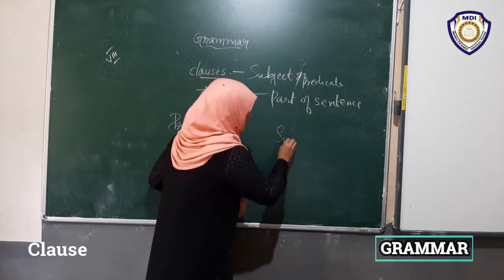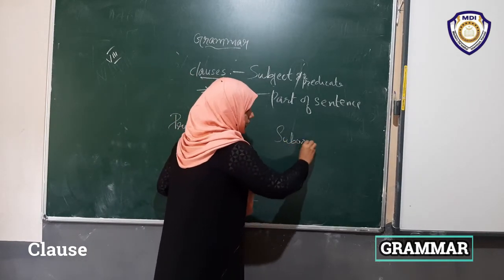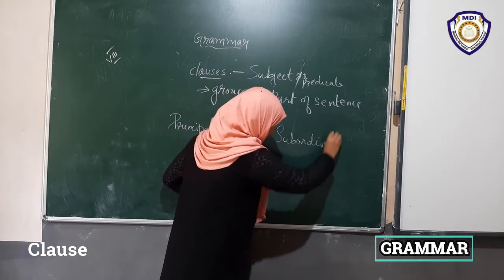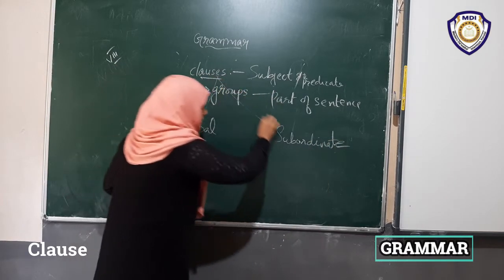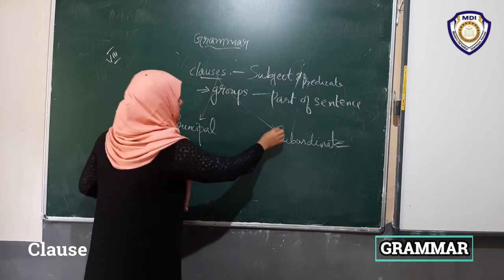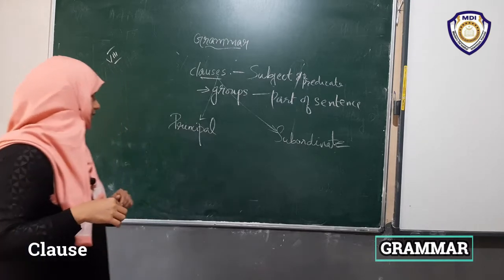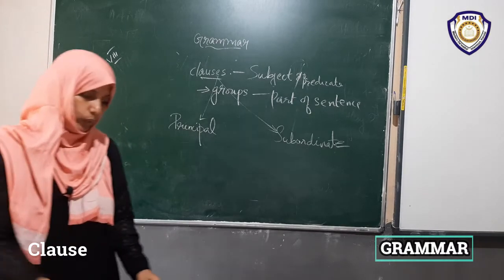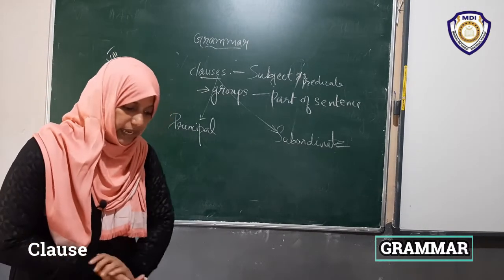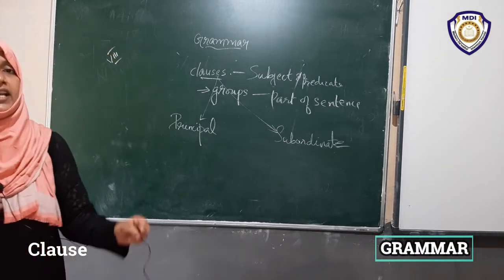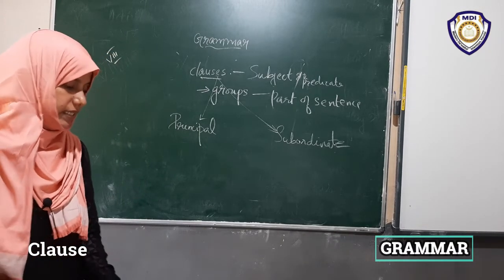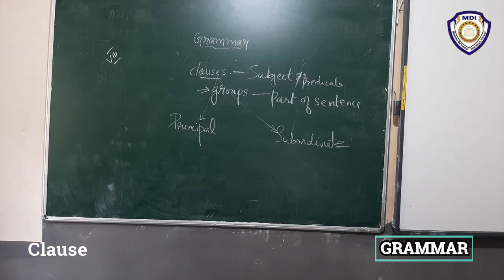Principal clause and subordinate clause. As the name itself says, a principal clause can stand by itself. That is an independent clause. What is an independent clause?